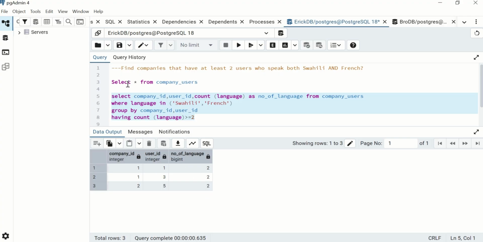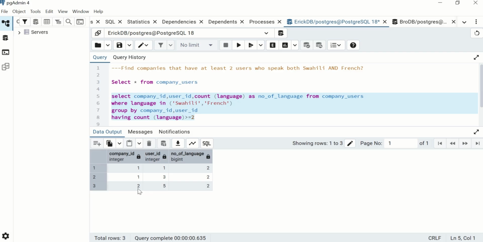But the question is asking for companies that have at least 2 users. For example, company ID 1 has user ID 1 and user ID 3 who speak both Swahili and French.